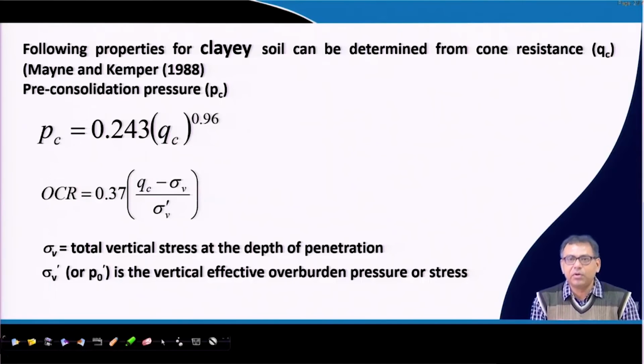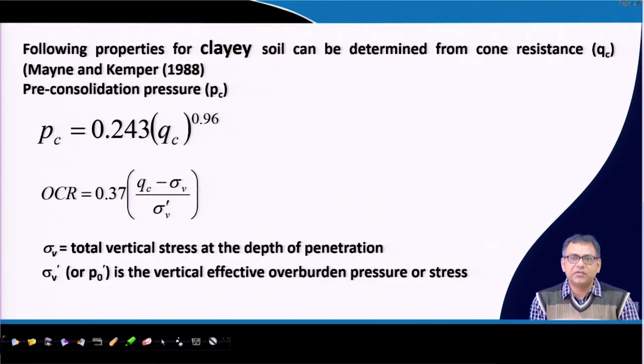So, now if your current stress is more than PC, then we can say the soil is normally consolidated. That means the current stress that the soil is experiencing is more than the stress that the soil has already experienced. So, that stress is PC. Now the soil stress is more than PC, so it is normally consolidated.